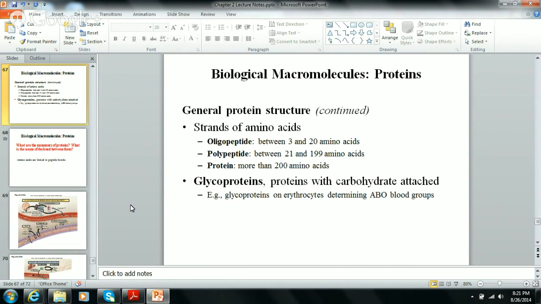An oligopeptide is just a strand of amino acids anywhere between 3 and 20 amino acids long. A polypeptide is pretty big. It's 21 amino acids to 199 amino acids. When you get up to 200 amino acids or more, you are no longer dealing with a peptide.